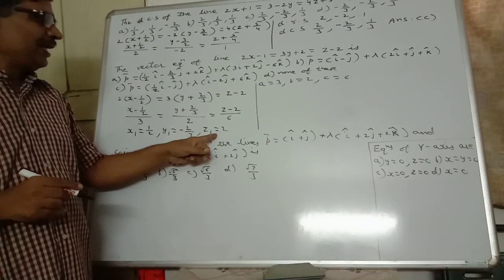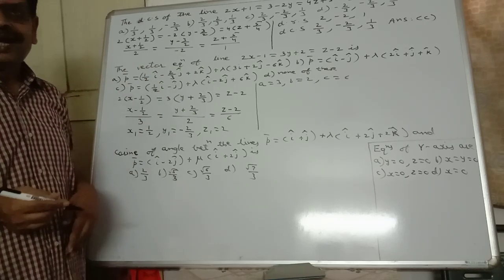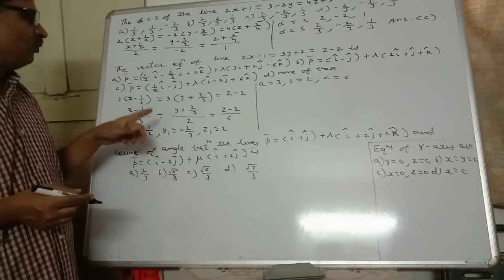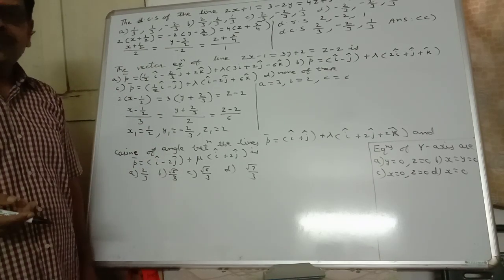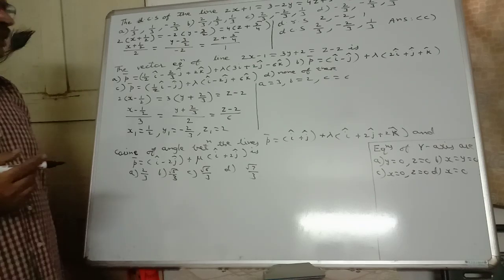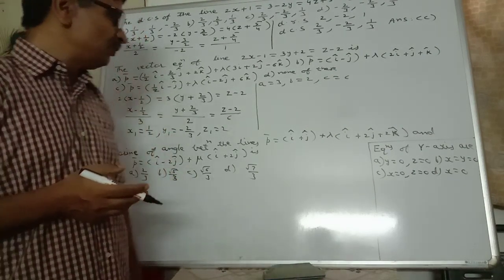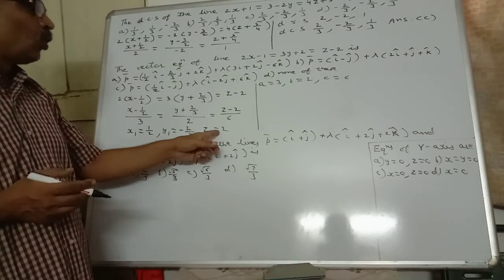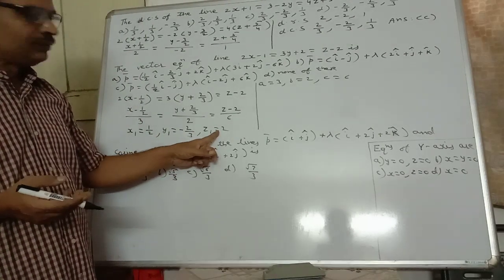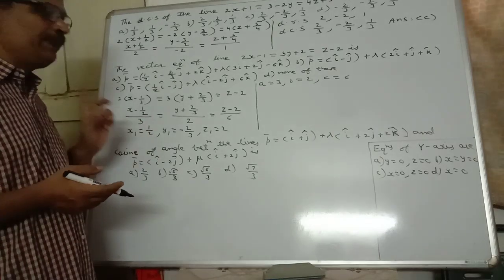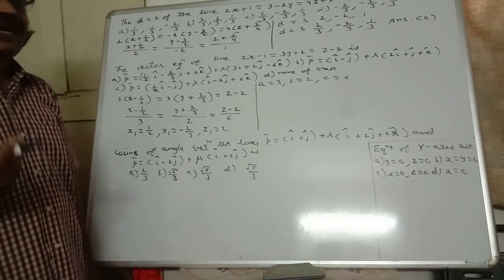These are the coordinates of one point on the line. And when we know coordinates of one point, then we can find its position vector. In the position vector, coordinates of the point become coefficients of unit vectors i, j, k.